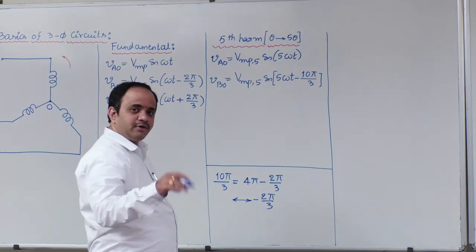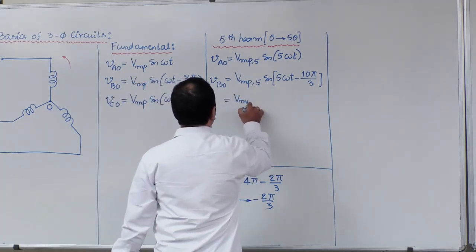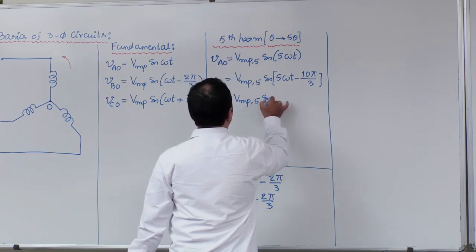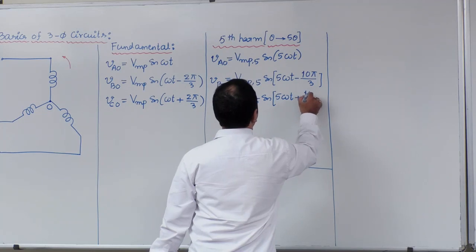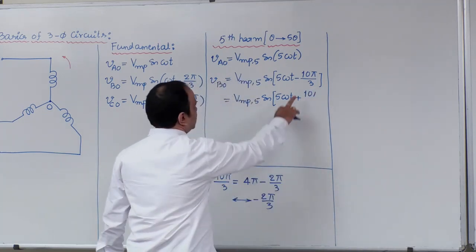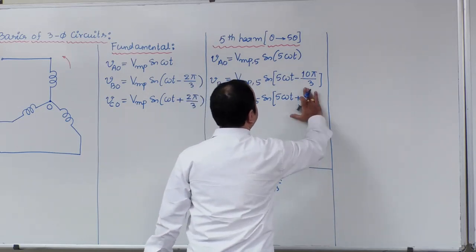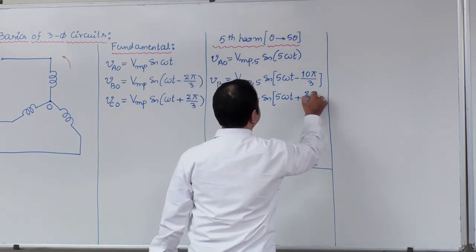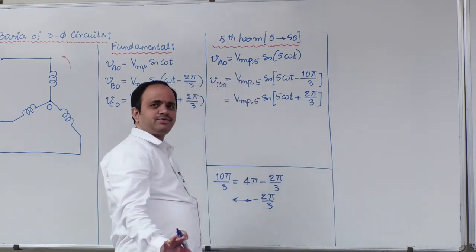Therefore, you should substitute here VMP5 sin of 5 omega t, and in place of minus 10 pi by 3, I write minus of minus 2 pi by 3, so I have plus 2 pi by 3.